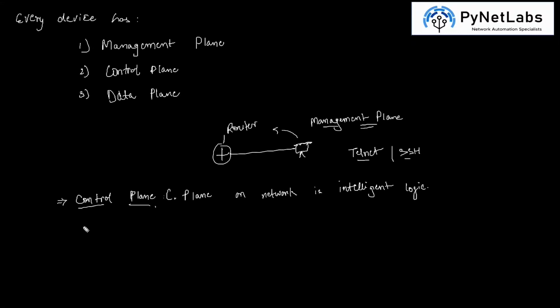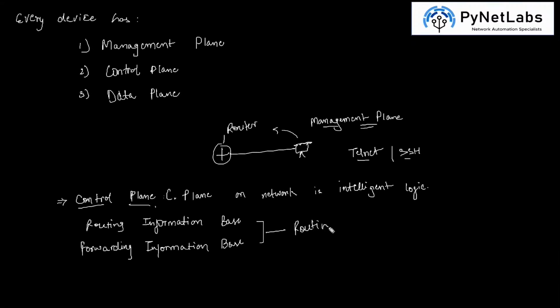Now, with this, a device maintains routing information base, or we can say the forwarding information base, on the control plane, which you can understand as the routing tables.